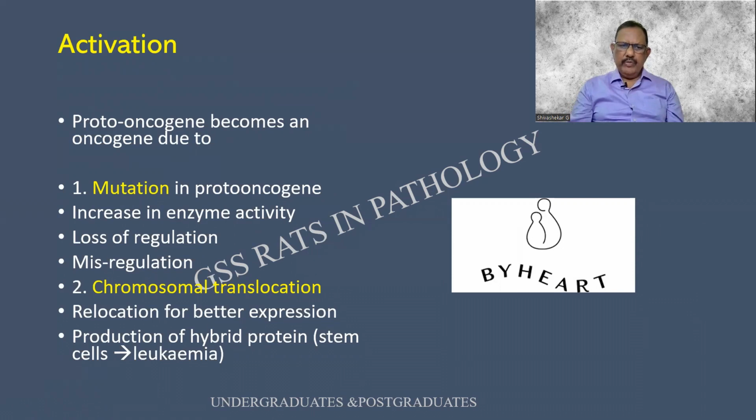There are relocations for better expression, as a result of which there can be a hybrid protein produced, and the stem cells can lead to a leukemia. So mutation and chromosomal translocation are certain steps which can lead to the activation of the proto-oncogene to oncogene.